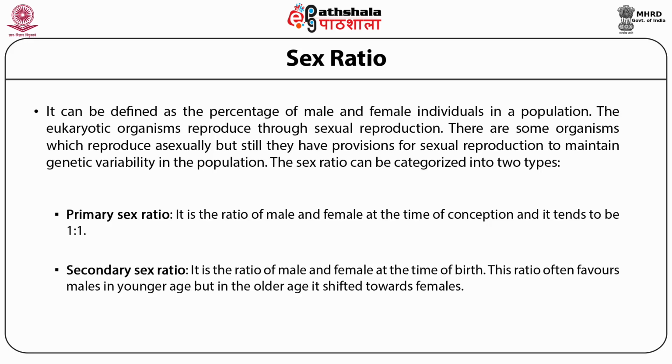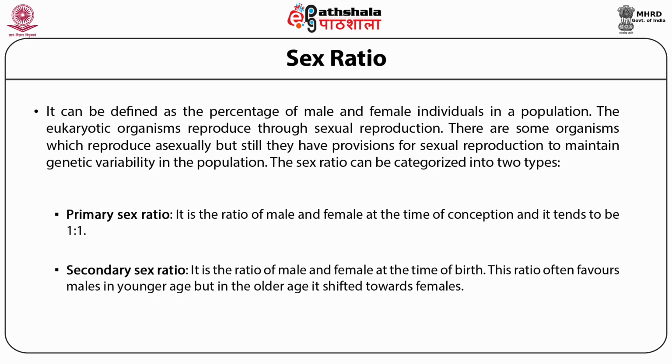This ratio often favors males at a younger age, but in older age it shifts towards females. In the case of humans, the male ratio is more than females at birth, approximately 52%, but as the age of parents increases, the ratio of females increases over males.